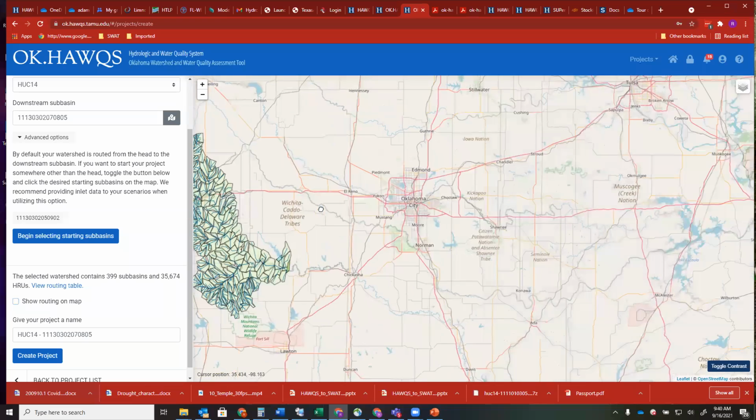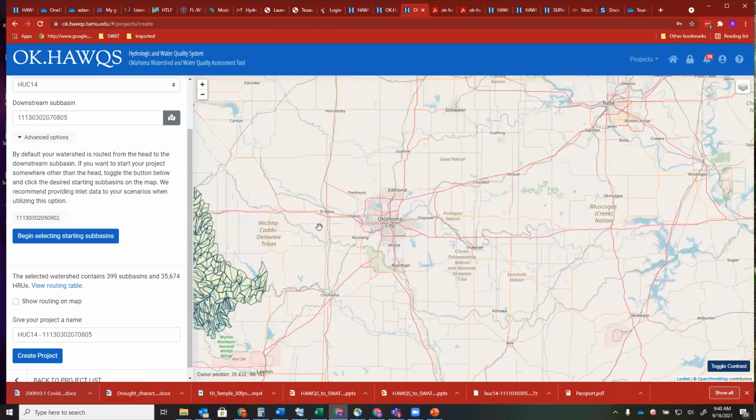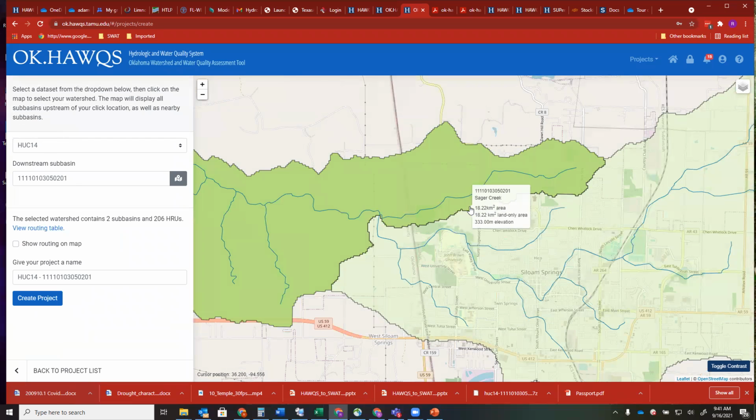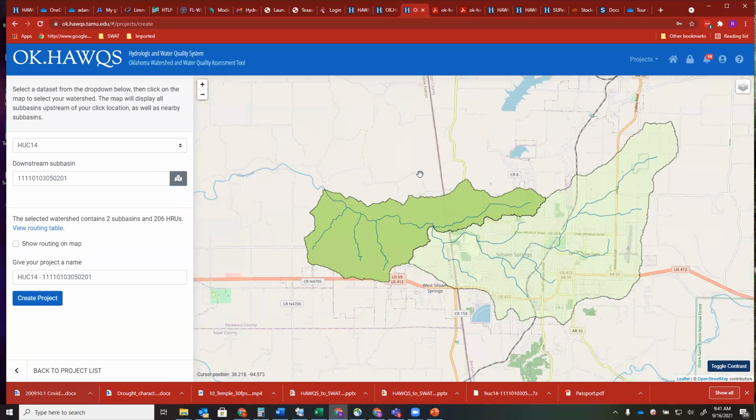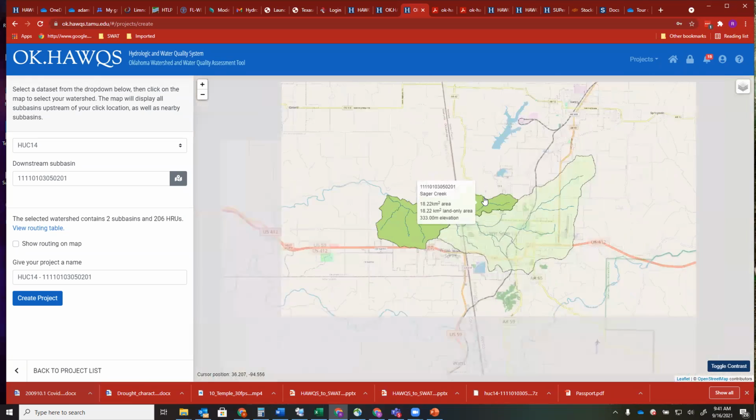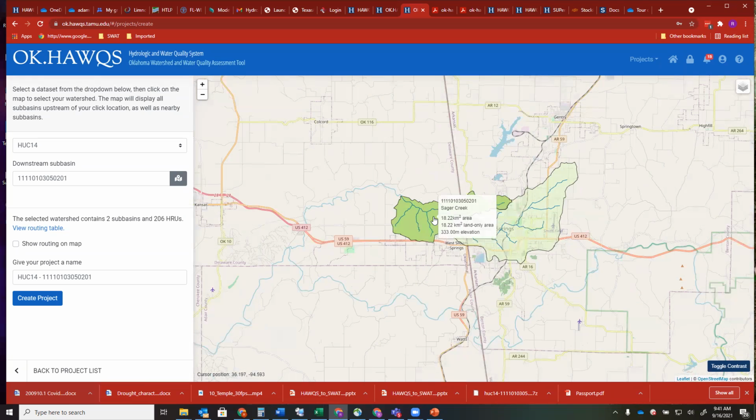Okay. So having said all that, I wanted to go and start building a model. And let's say I want to use the one that I was playing around with before, actually. So this is a watershed called Sager Creek, which is shared between Oklahoma and Arkansas. Okay, you can see that's a kind of state border right there. So it's just 1 HUC 12 or 2 HUC 14 watersheds, actually.